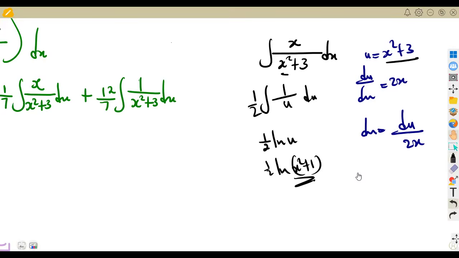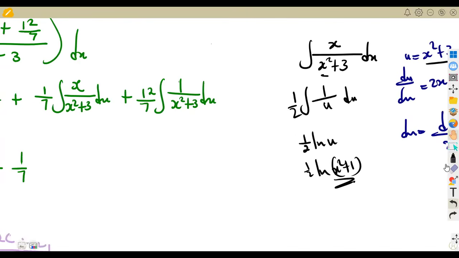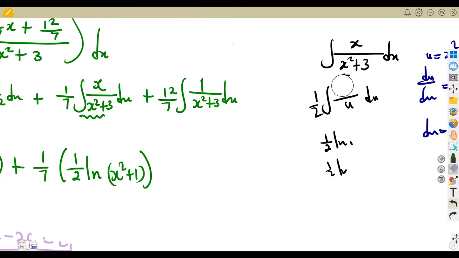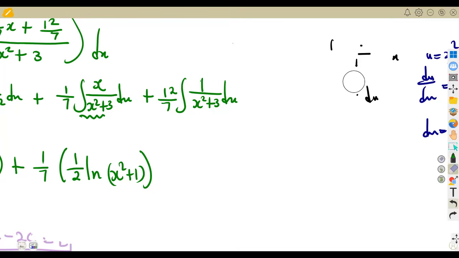So from this whole part of the integral that we had, when I have 1 over 7 times the answer, we got 1 over 2 times the ln of x squared plus 3, like this. So that's it on this part. We just apply our normal substitution method.